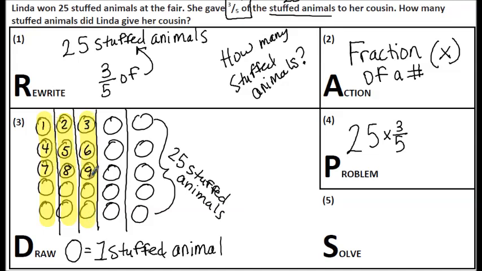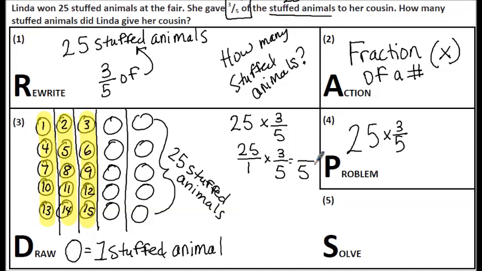Now let's count how many stuffed animals that is. When we count them all up, we see that we have 15 out of the 25 stuffed animals. And let's double check that with the math. We have 25 times 3/5, and I'm going to rewrite 25 as 25 over 1. And now they're both in fractional form. 1 times 5 is 5, and 25 times 3 is 75.